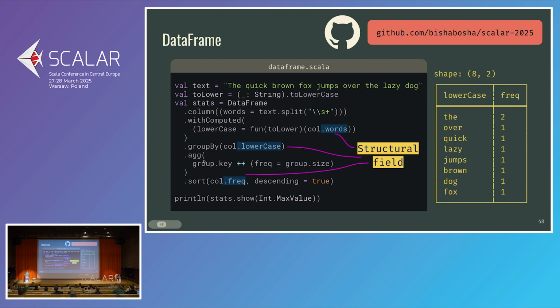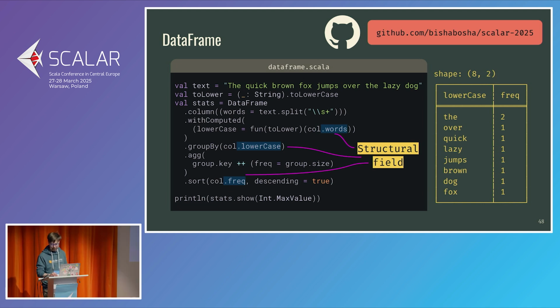And now I want to aggregate on the key, which is the lowercase column, and add this frequency column again. So I'm using named tuple concatenation here to invent this frequency column. And I'm going to sort by the column, yeah. So then I get this in the end, and this is all type safe and using these ad hoc types that come out of nowhere.